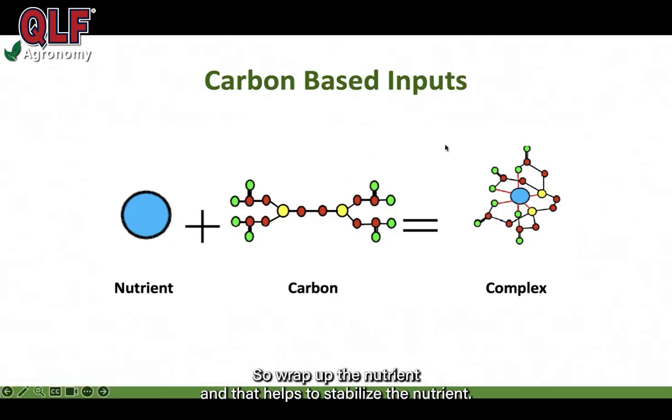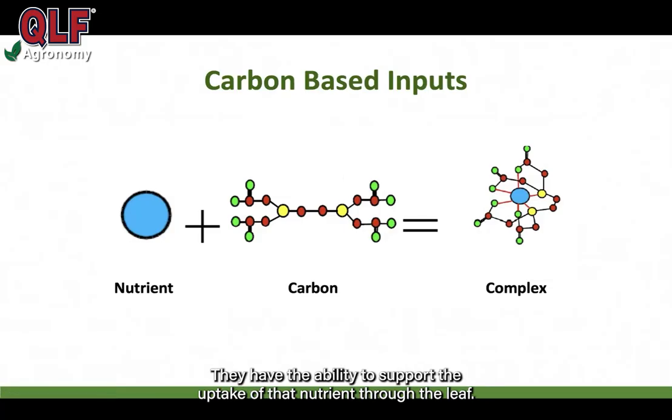And that helps to stabilize the nutrient. That actually helps to prevent some of these lockups or precipitations in the spray tank, so it keeps nutrients separated. But those carbon molecules also help to actually enhance the uptake through the leaf, particularly stronger chelating agents.